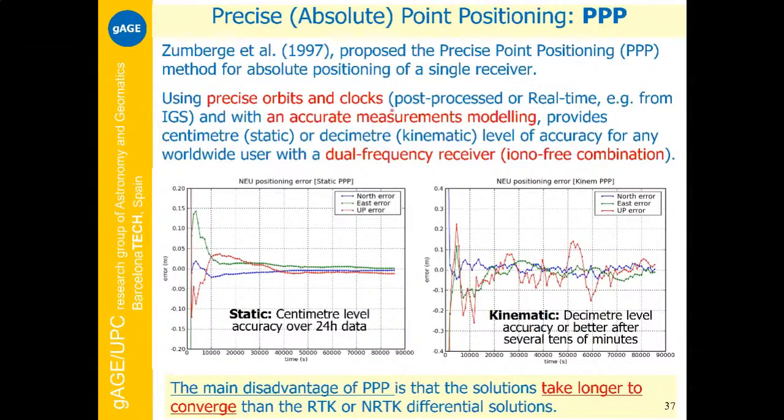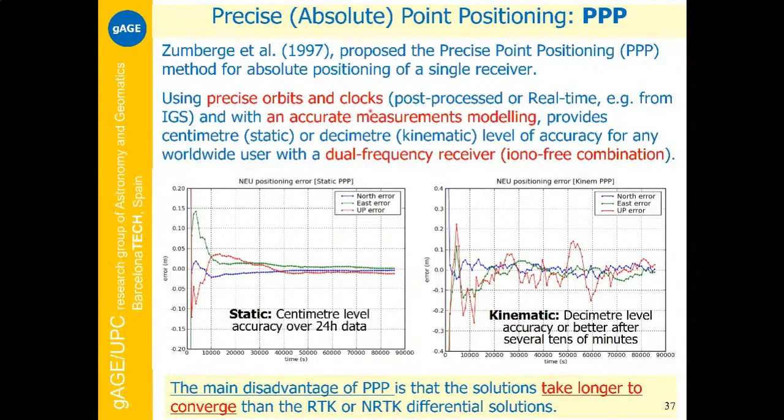And now we do not have the measurements of the reference station. This is not like the previous case where we have the measurements of the reference station, and using these measurements, we take differences and we remove common errors. Here we use precise orbits and clocks. These precise orbits and clocks have been computed from a reference station network.